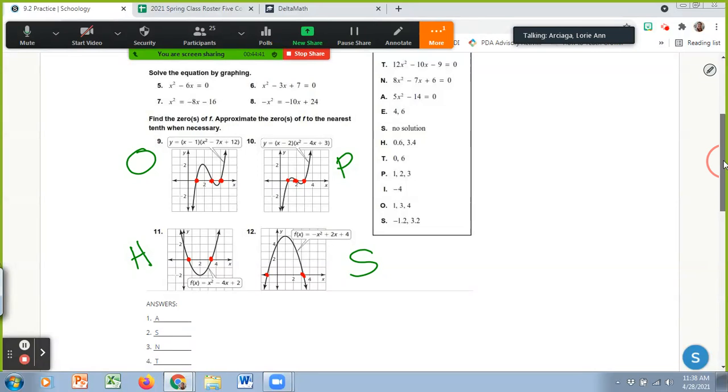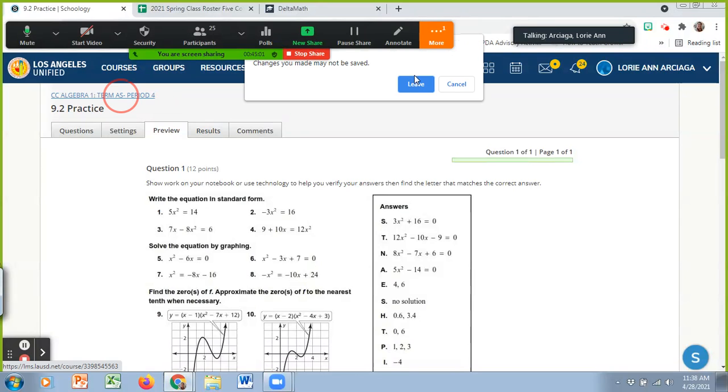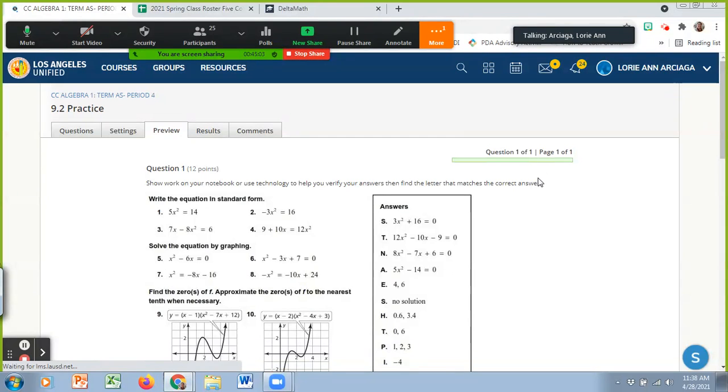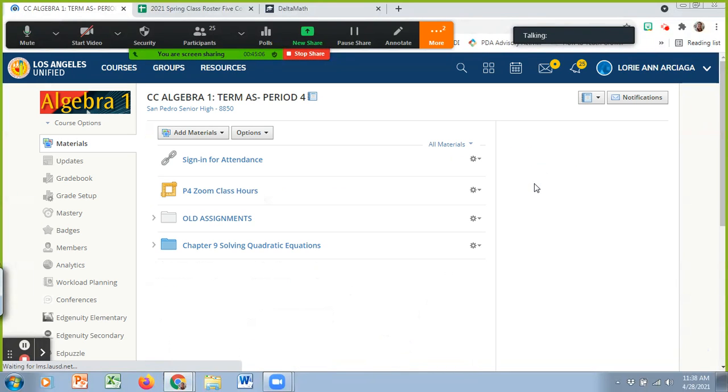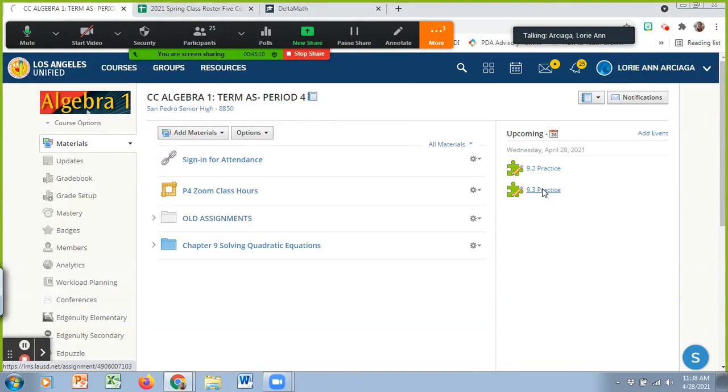Okay, we're moving on. Did everybody get a chance to write down the last 4 letters? Okay, let's go. So that was 9.2. One last. I'm going to open this one. What were the other ones?